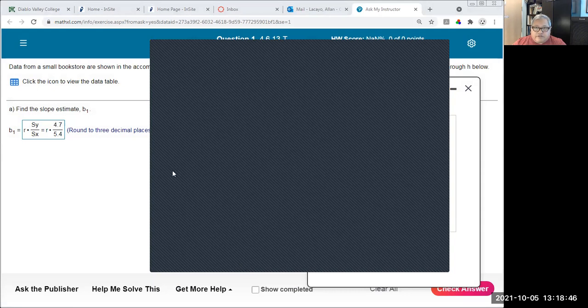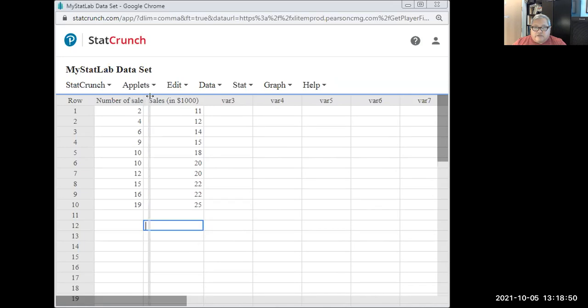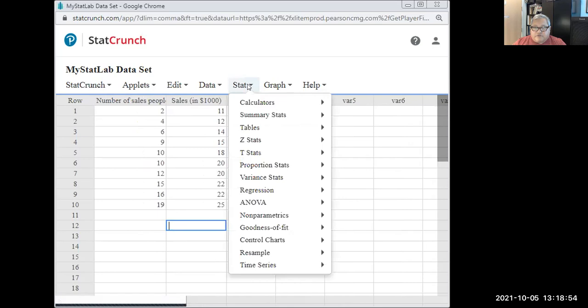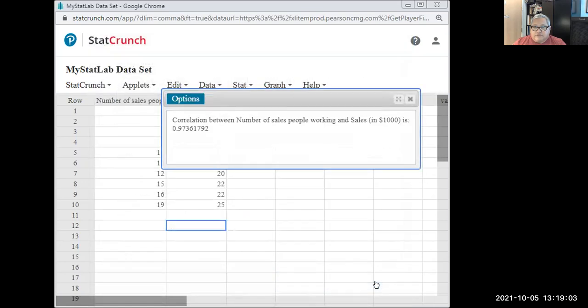Now I'm going to share that window with you. And to calculate the correlation coefficient between two quantitative variables, I go to Stats, Summary Stats, Correlation, and select both variables and compute.